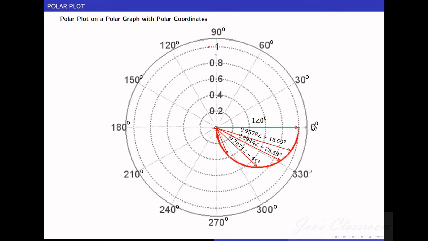One more thing to be noted is the angles are positive, or will be increasing from 0 to a positive value in the anti-clockwise direction, and in the clockwise direction it will be negative.